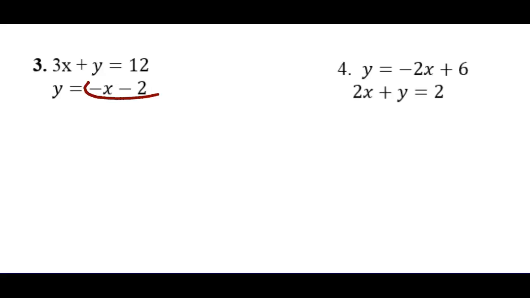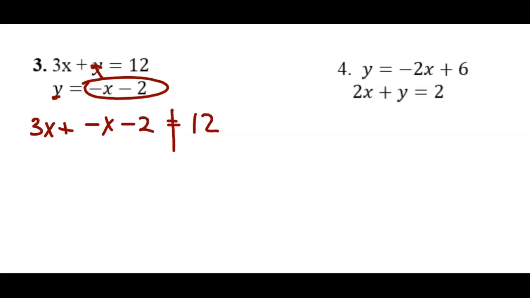So this whole thing has to go in for my y because it's y equals. So then I'm going to rewrite that equation. 3x plus negative x minus 2 equals 12.